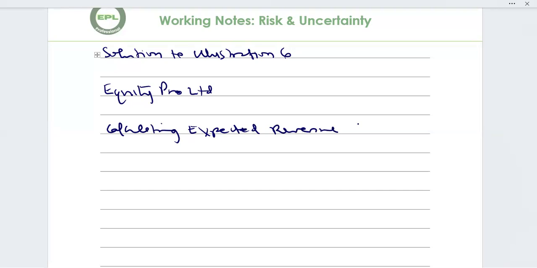revenue. To do this, I'll create a column for probability, cash flow. The cash flow is the revenue. So let's just call it revenue.